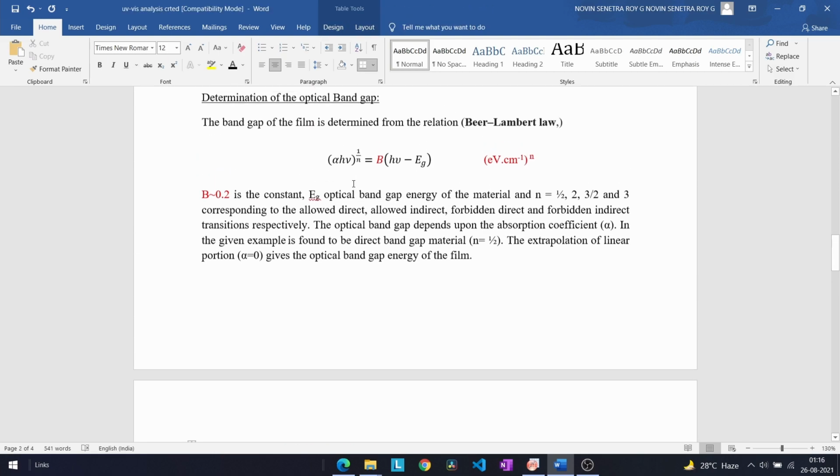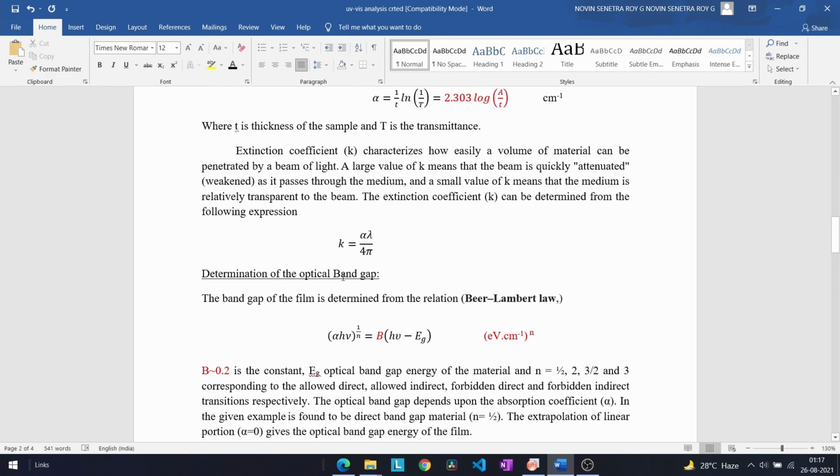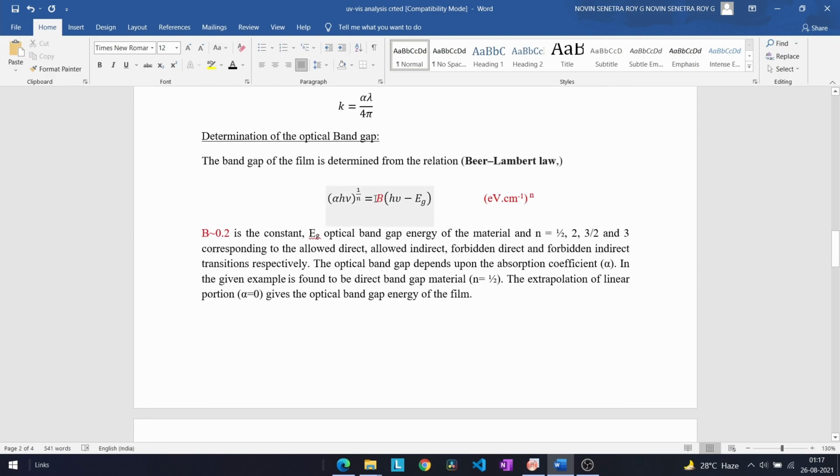Now I have changed a small thing here. I changed this value to b, where b is going to be around 0.2. This is a theoretical value, or a model that has been proposed over the years. It has not been validated over the years, because this is just a model and b is taken as a constant.